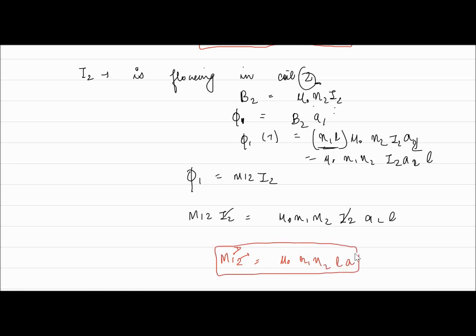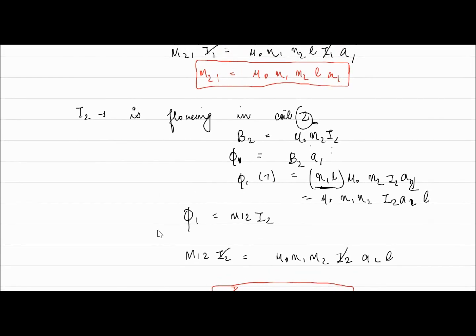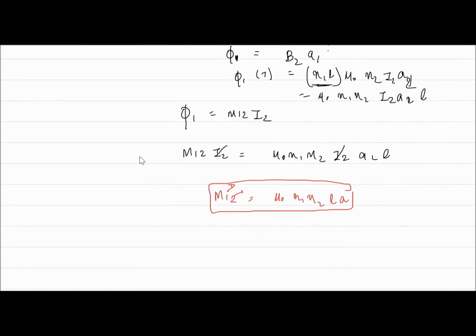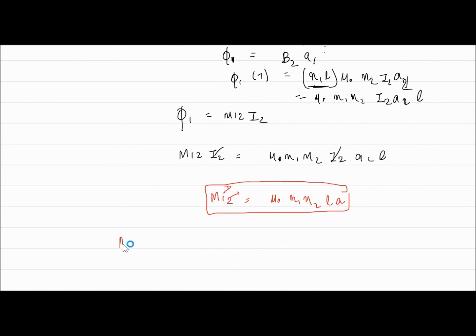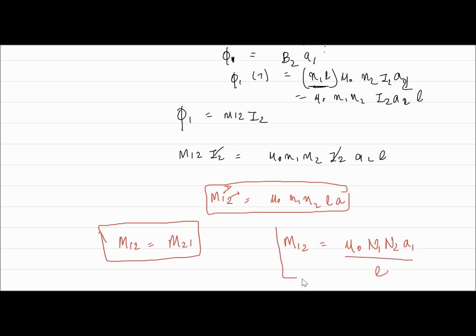The areas of the coils are the same, and we got M21 the same and M12 also the same. So we can take any case, but the coefficient of mutual induction will come out equal. So what is the formula for the coefficient of mutual induction? We can write M12 equals mu naught N1 N2 A upon L. This will be the final formula for the coefficient of mutual induction.